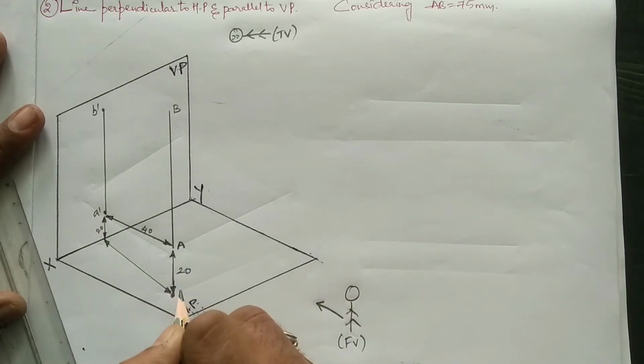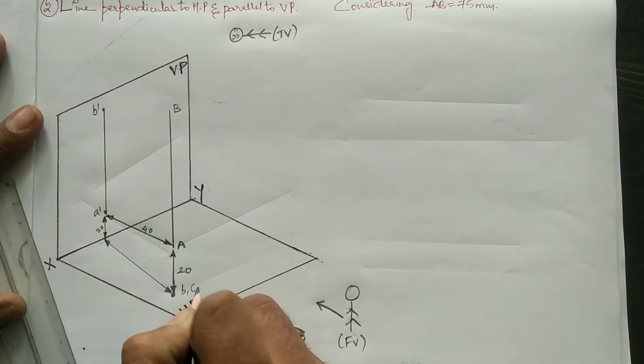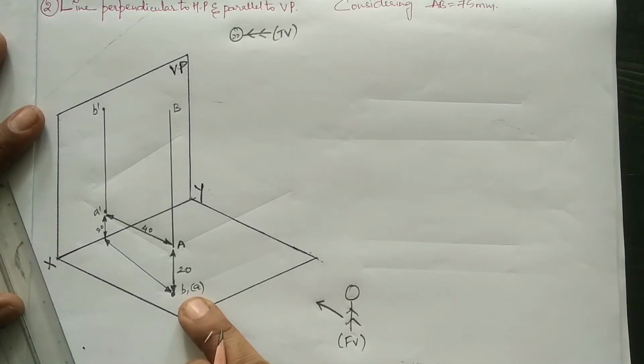So to represent it, we write it as B, A. The end of the line which is invisible, we mark in brackets. So this is our point of identification.